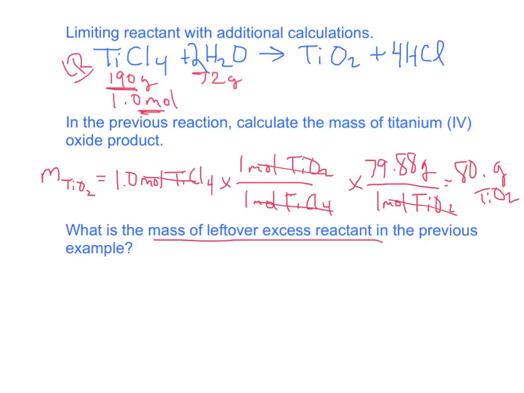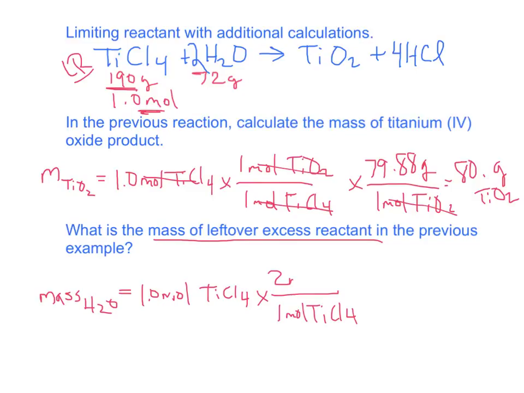So we want to know the mass of H2O consumed. So we're going to say 1.0 moles of TiCl4, and we're going to switch it to moles of water. So 1 mole TiCl4 is 2 moles of water.